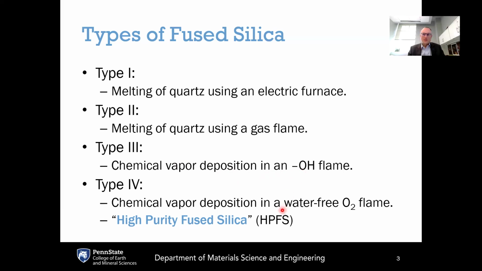But the good stuff, by far the highest quality fused silica, is type 4 fused silica. This is what is used to make all preforms for optical fibers, for all of the highest quality silica glass products. Those are type 4 fused silica. This is also known as high purity fused silica, or HPFS.